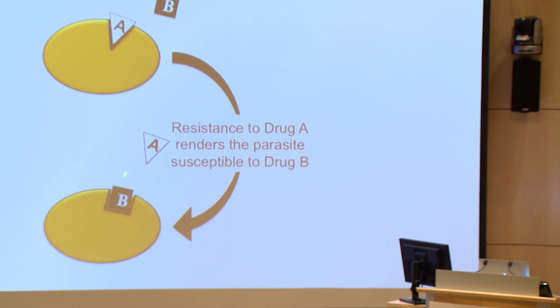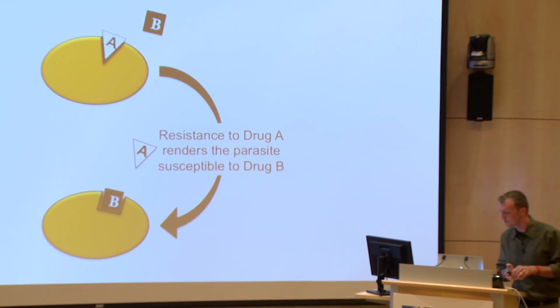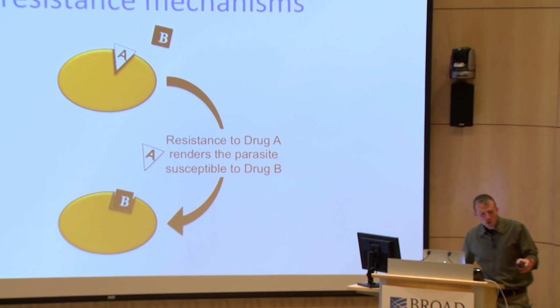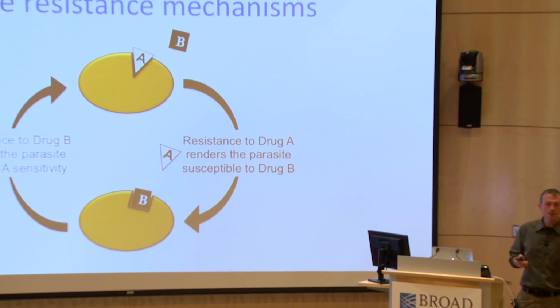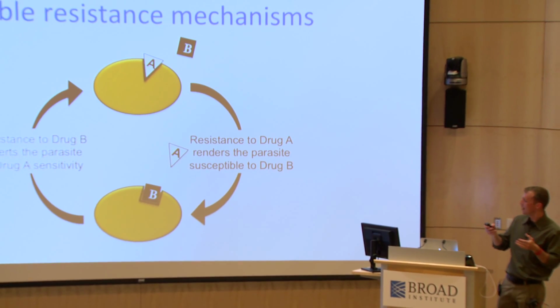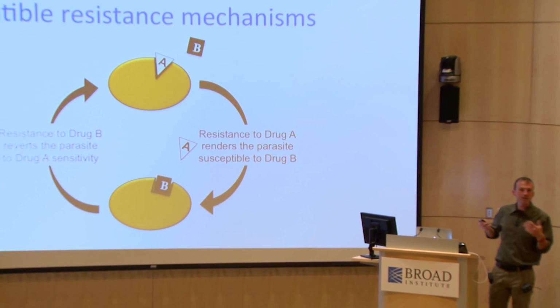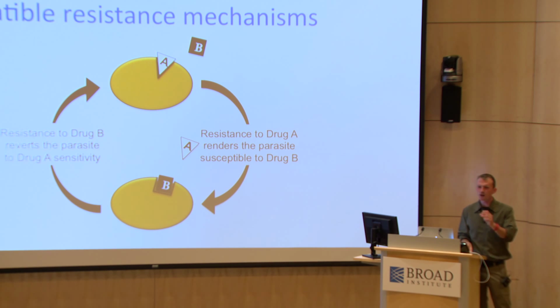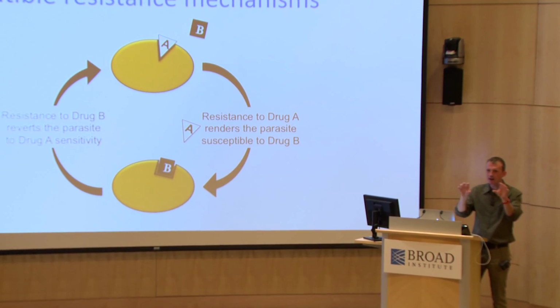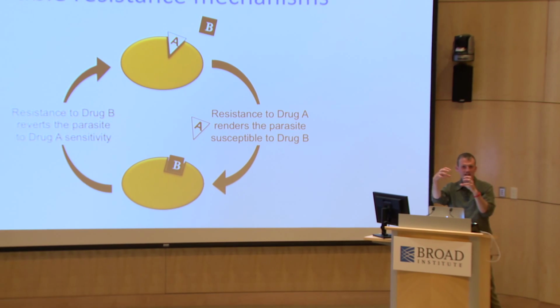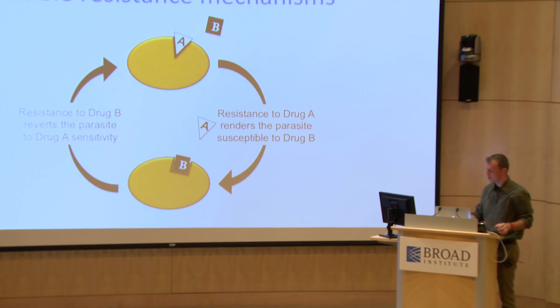So the B drug comes in and does its job. The pathogen then could try to evolve resistance to the B compound, but evolving resistance to the B compound in this scenario restores susceptibility to the A compound. And so you put the pathogen in an evolutionary trap by creating a system of evolutionary pressures that it can't simultaneously get away from both of them.